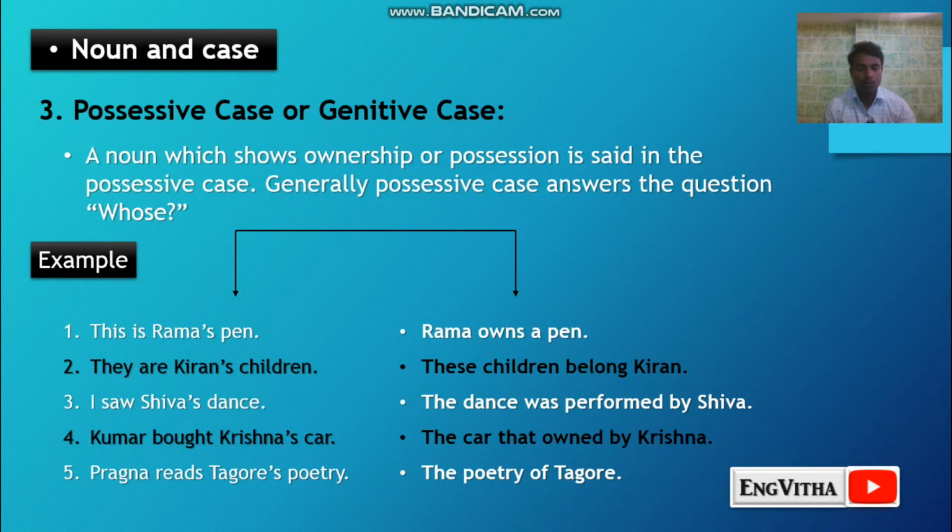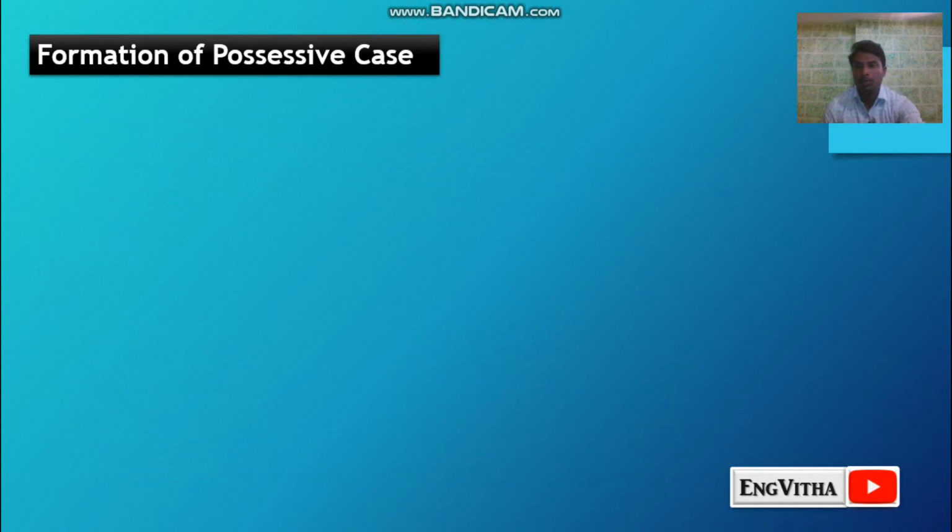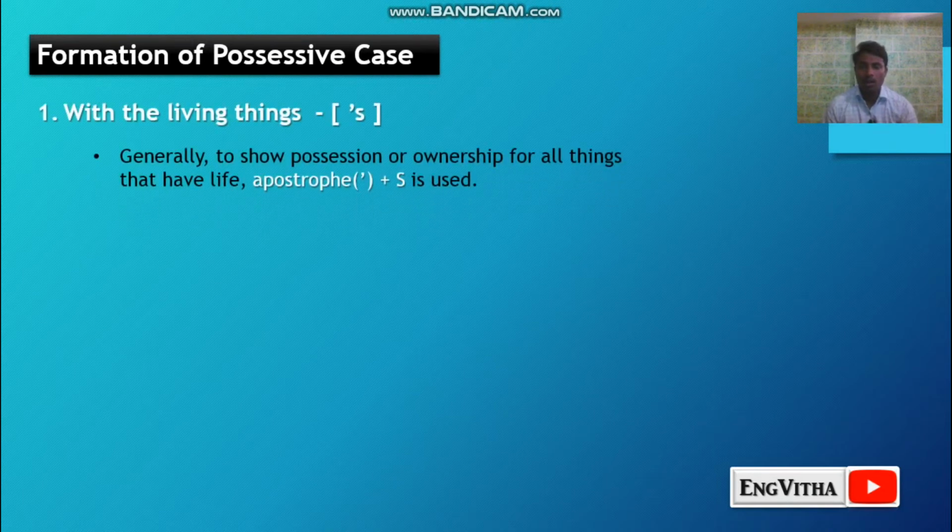So let us move to how the possessive case is formed. The possessive case is formed in 2 ways. The first one is with living things. Generally, to show possession or ownership for all things that have life, apostrophe plus s is used.